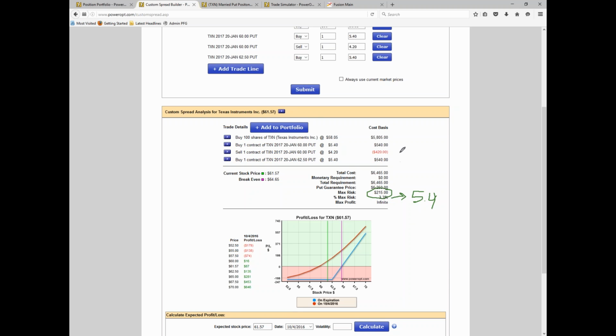How is that? How did we manage that? Because we added more cost. We paid a debit of $1.20 into the position. But remember, I increased my guaranteed exit by $2.50. So essentially, I gave myself a $1.30 advantage in the position. Did I increase my cost basis? Yes.